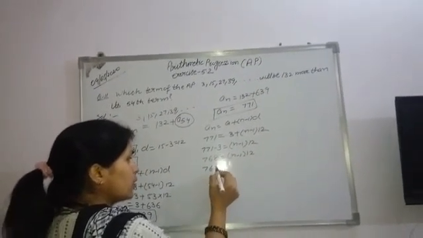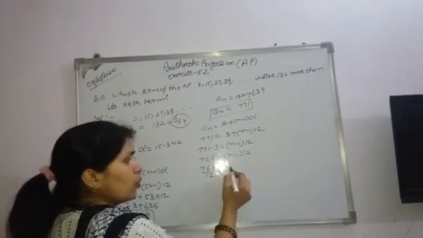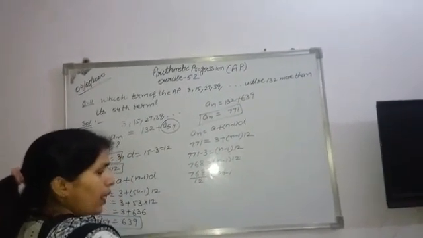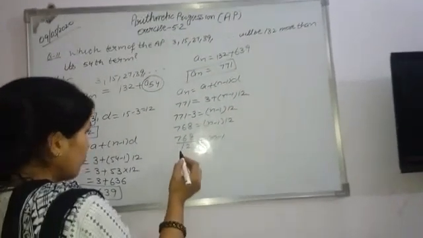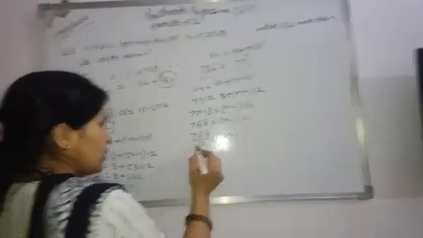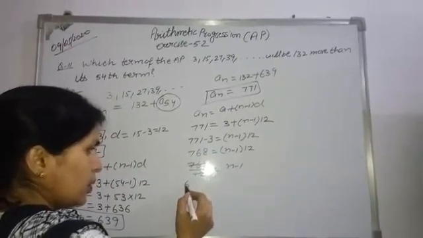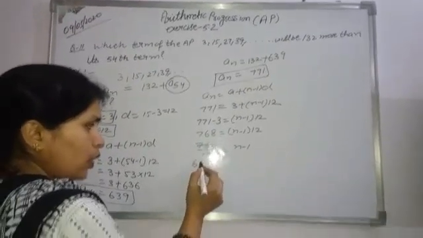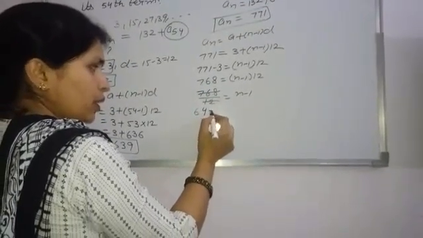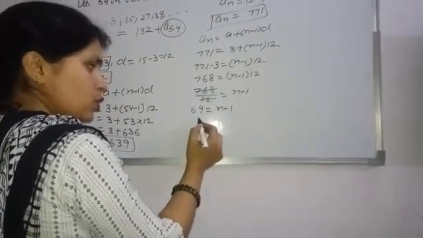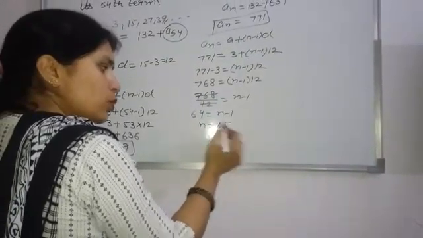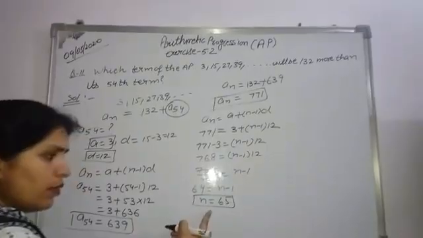So 768 divided by 12 is equal to n minus 1. 12 sixes are 72, and 12 times 64 is 768, so 64 is equal to n minus 1, and n is equal to 65. So this is the value of n.